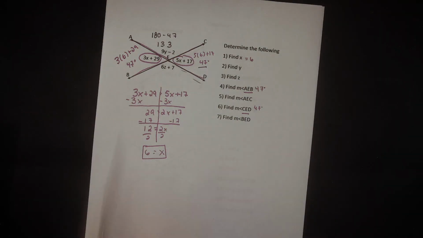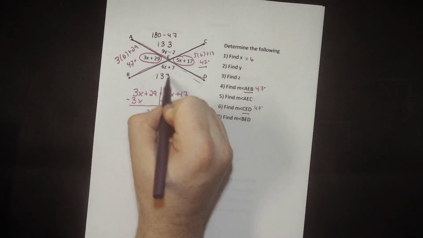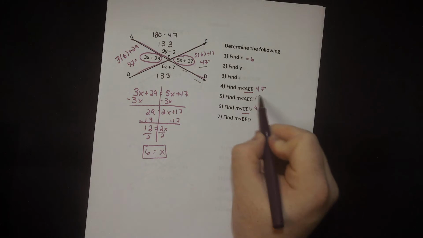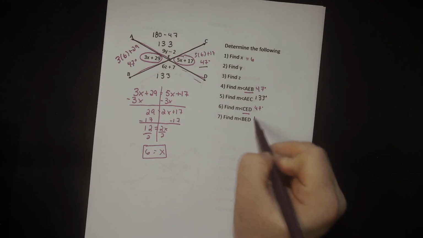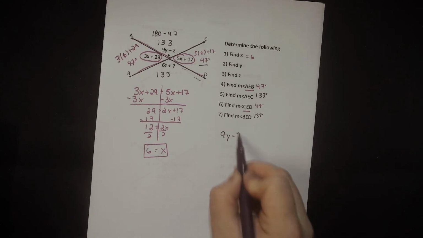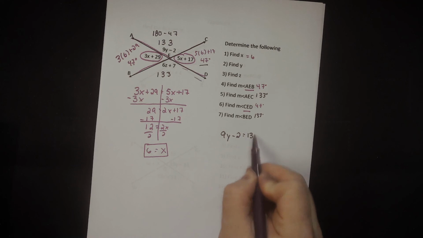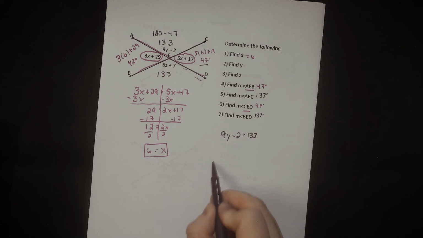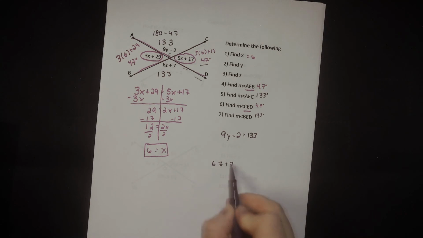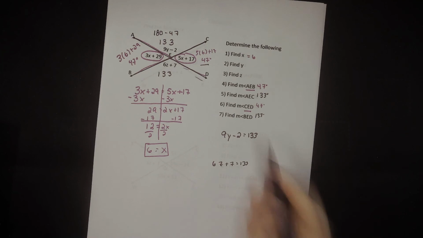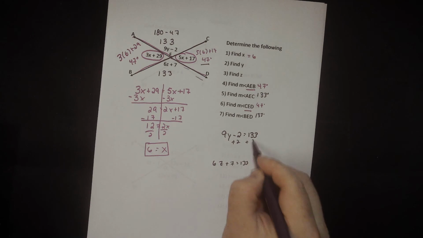Yep, that would be a supplement, and this would also be 133. So I know now that both of these are 133. So 9y minus 2 equals 133. 6z plus 7 equals 133. So I'm going to add 2.